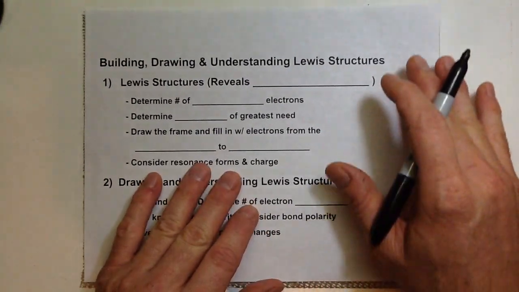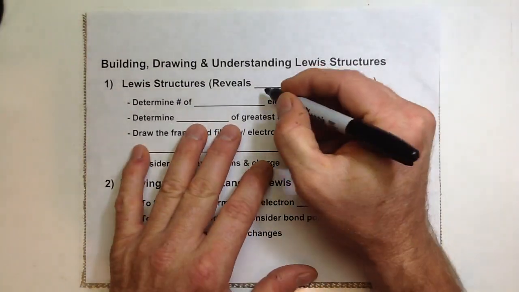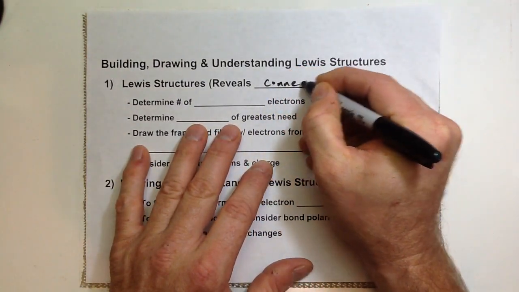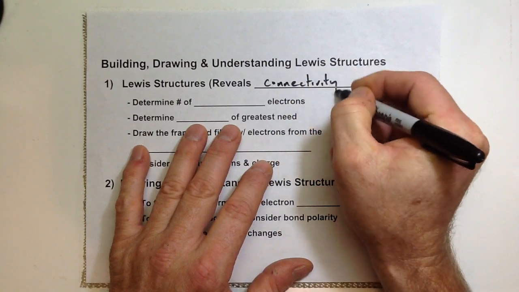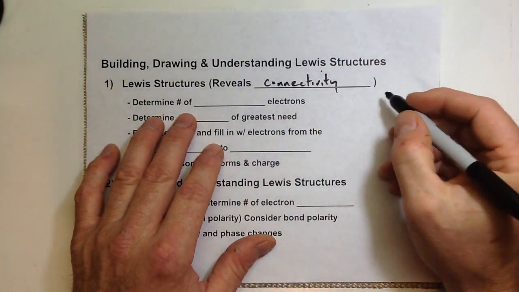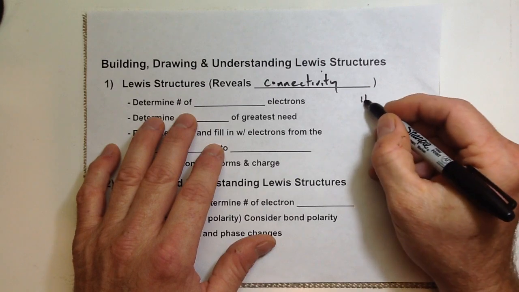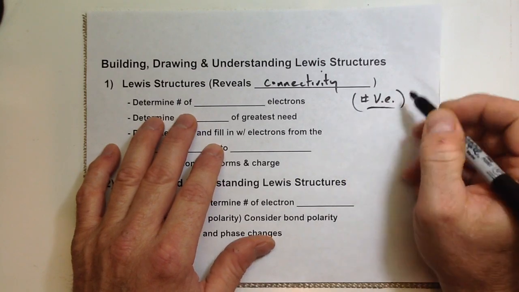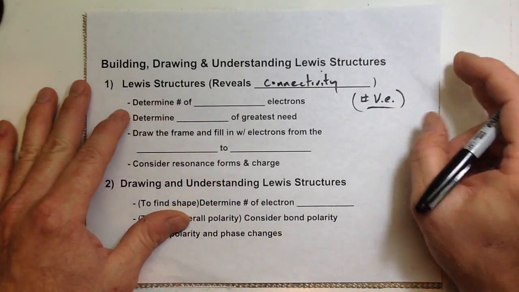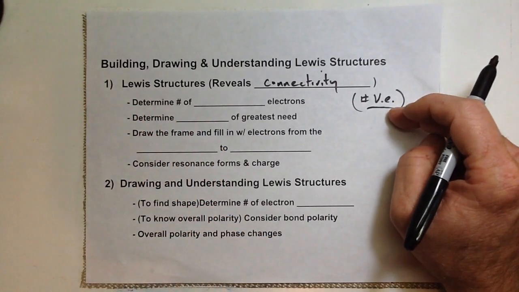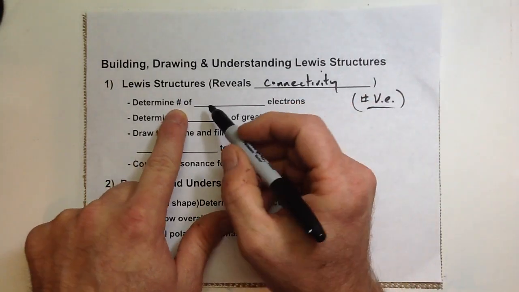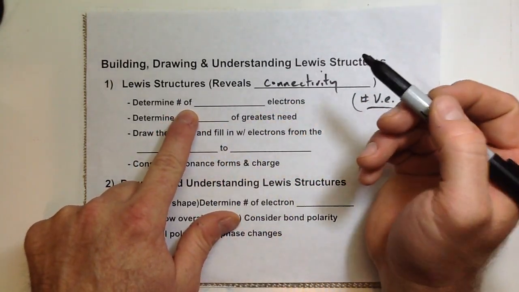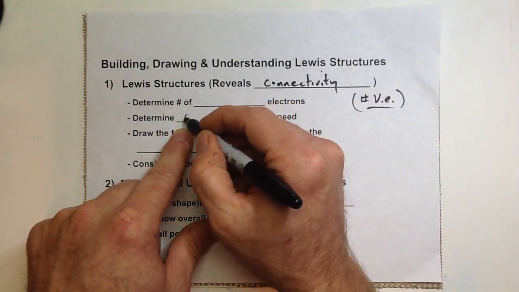So let me keep going and say a little bit about the first part of building Lewis structures. Lewis structures reveal the connectivity of atoms. We need to first, of course, always determine the number of valence electrons. So I'm going to amend some of these steps here. Always determine the number of valence electrons. Second, determine the atom of greatest need.